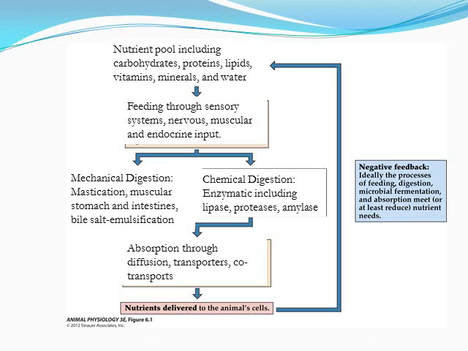So in order to obtain that food, you have to eat it, you have to feed, and so that requires sensory systems, the nervous, muscular, and endocrine input in order to allow for that feeding to occur. And we're not going to discuss that very much, but we are going to get into the actual digestion and absorption of that food.